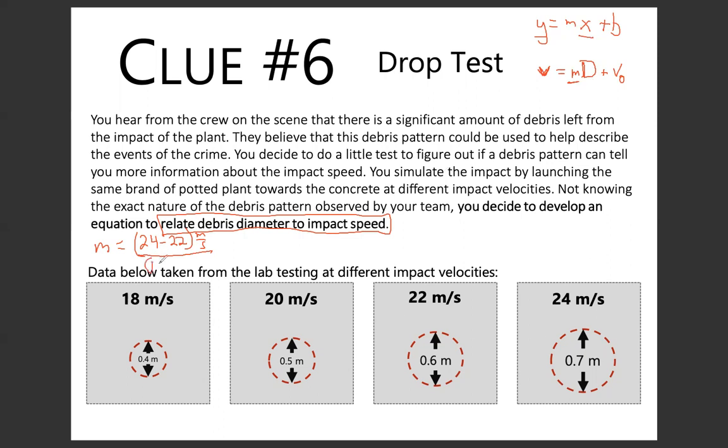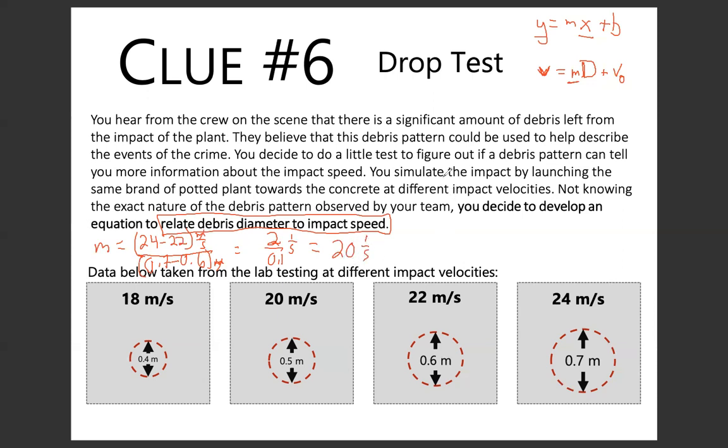So that would be 0.7 minus 0.6 meters. And these meters cancel, giving us units of 1 over seconds, and that's 2 over 0.1. So that 2 over 0.1 is 20 inverse seconds.